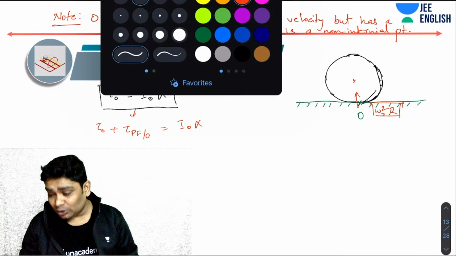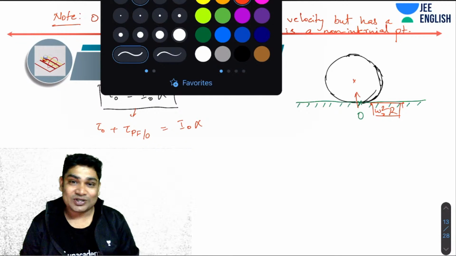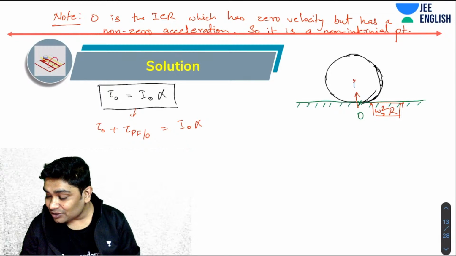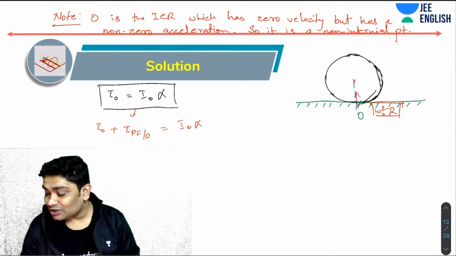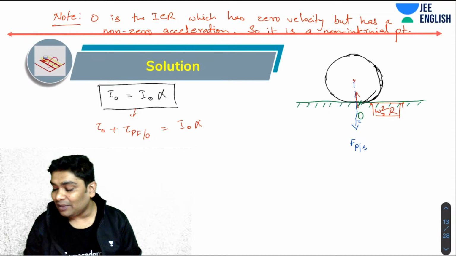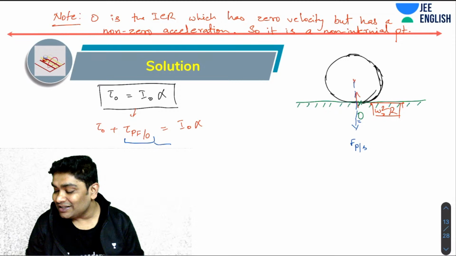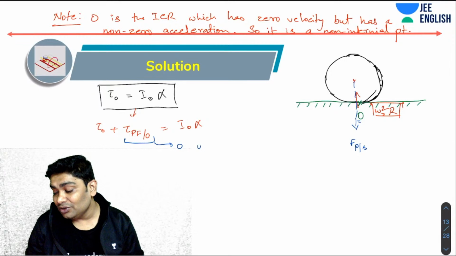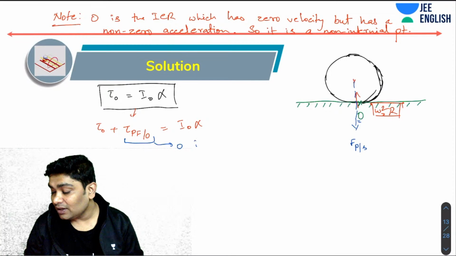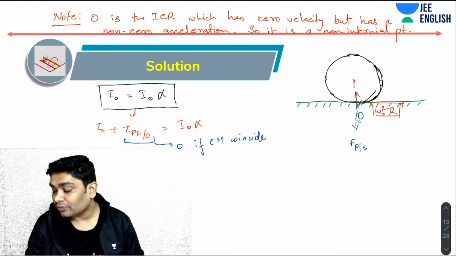Corresponding to this, you have to apply a pseudo force. Pseudo forces act on the CM. Usually this pseudo force acts right here, passing through O, and that is why it produces no torque, or if the CM coincides with the geometrical center.